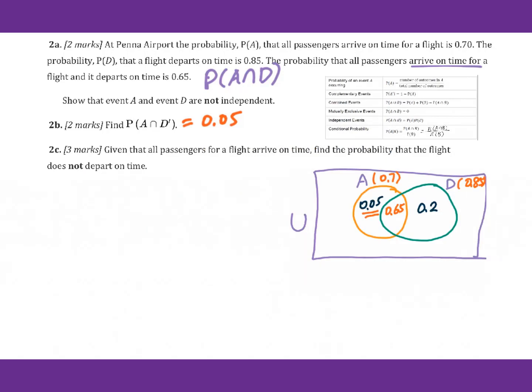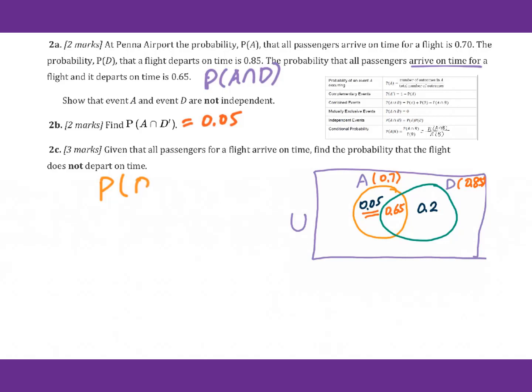Given that all passengers for a flight arrive on time, find the probability that the flight doesn't depart on time. So we are looking for flight doesn't depart on time.